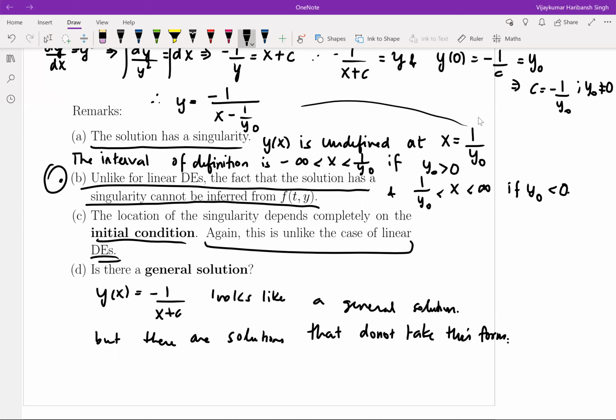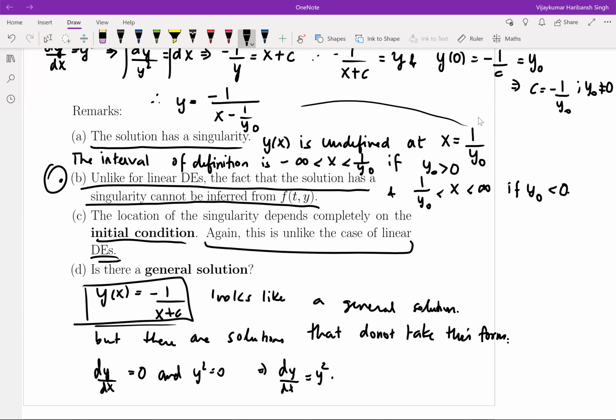For example, this would have been a general solution if, by changing all the c's, I would have gotten all the solutions. But for this differential equation, we can have the solution y equals 0, so dy by dx equals 0 and y square equals 0, which means dy by dx equals y square. So this is a solution. So not all solutions to this differential equation are in this format.